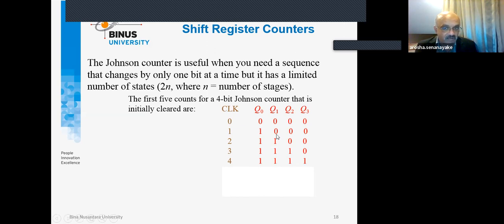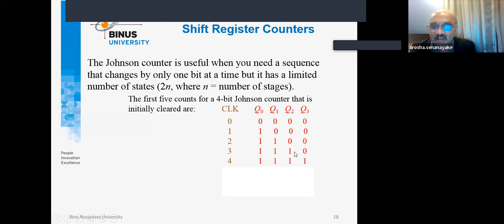Now this 1 0 0 0, and then here is 1, just this one changes, and then here this one changes, and here this one changes. What do you think about the rest? Even if you know normal counting, you can see this one is 4, this one is like 6, and so on.